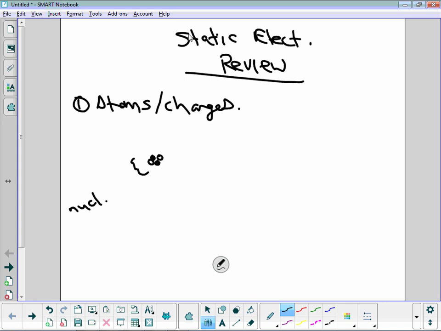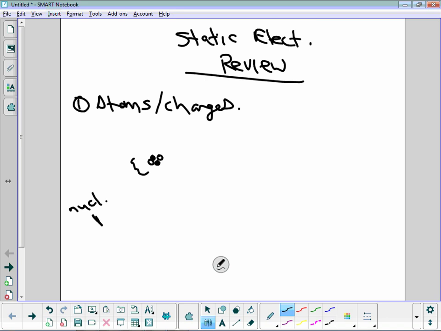I've tried to impress on you that when you make your review notes, don't write everything out in full, because you want your brain to see the words and remember what it means. In that nucleus, I have two types of particles. I think you guys know this, so to be quick, I just want to review it with you.